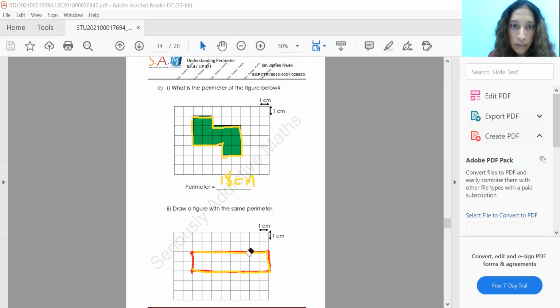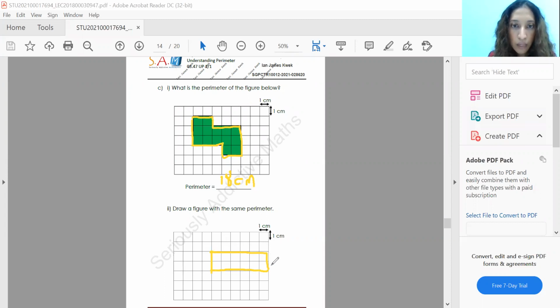Okay, so let me redraw that again. Okay, so let's count now. 1 to 18.